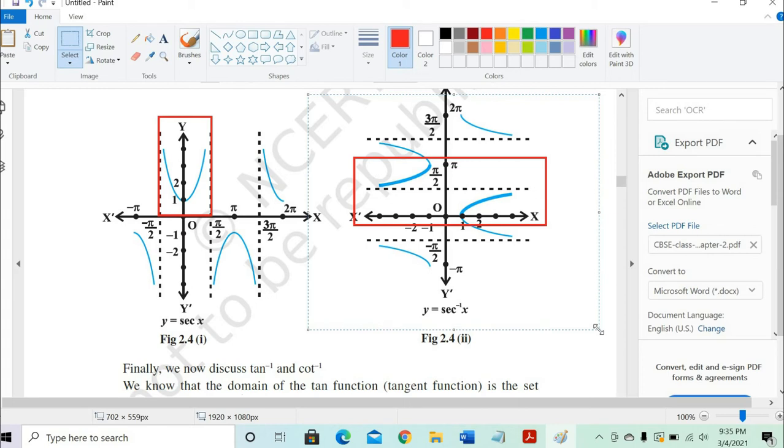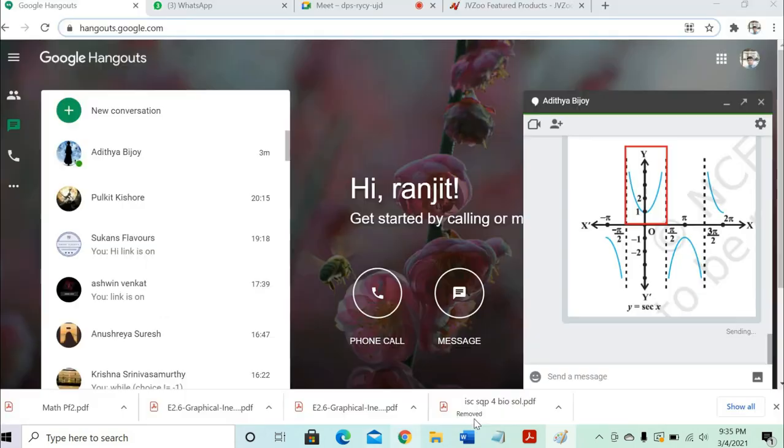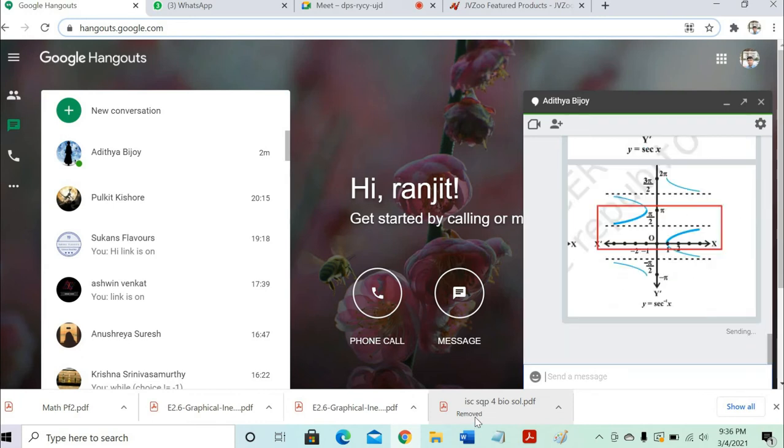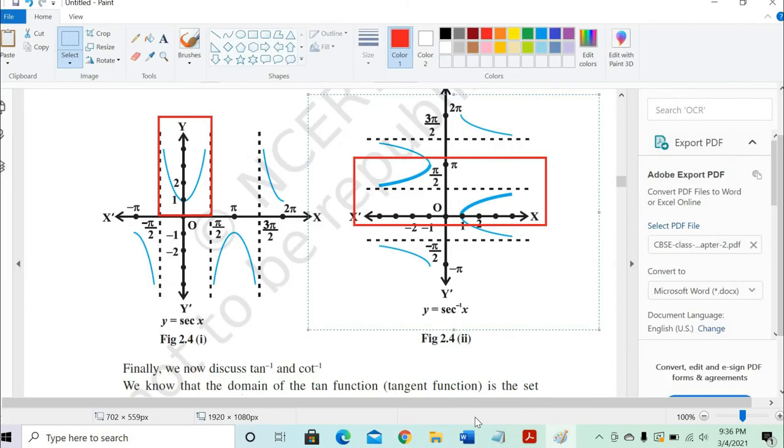Now we are interested in between 0 to pi only. We are interested in 0 to pi. Clear?